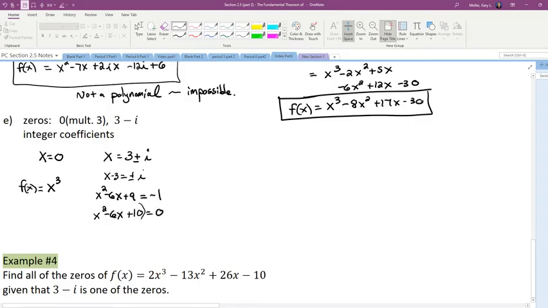And there's my other factor. So f of x, actually we can just go ahead and finish this, is this factor times that factor. So I get x to the 5th minus 6x to the 4th plus 10x cubed. Hit it with a constant to make it different, or leave it alone.